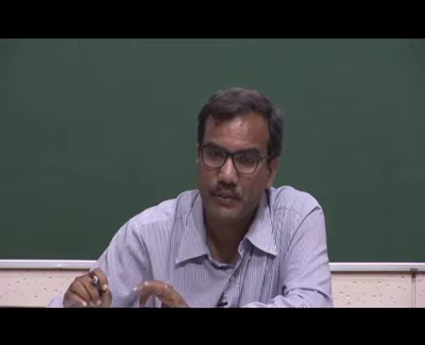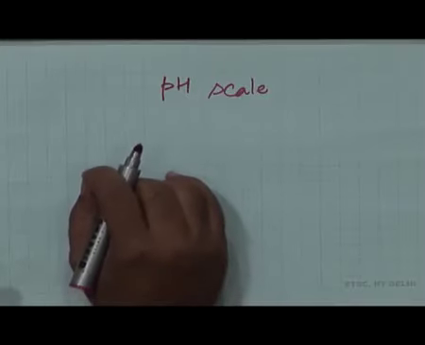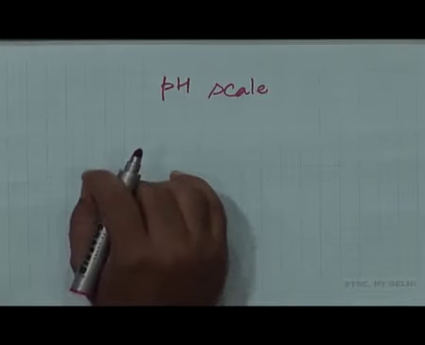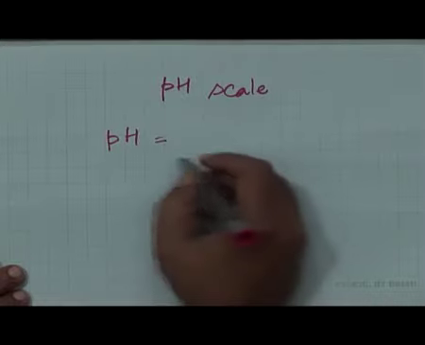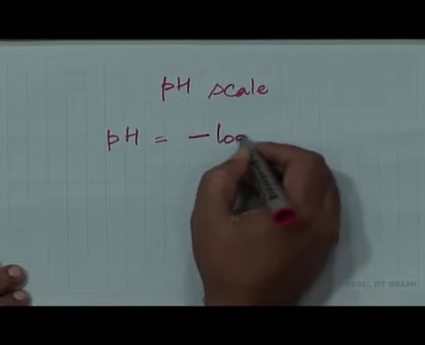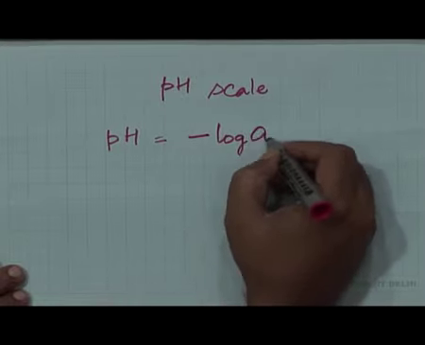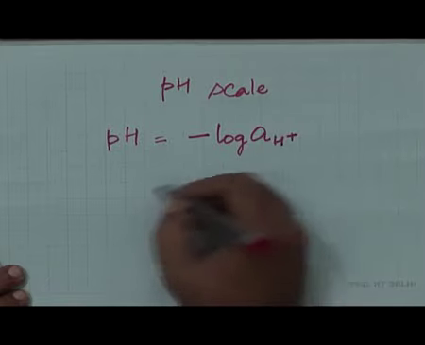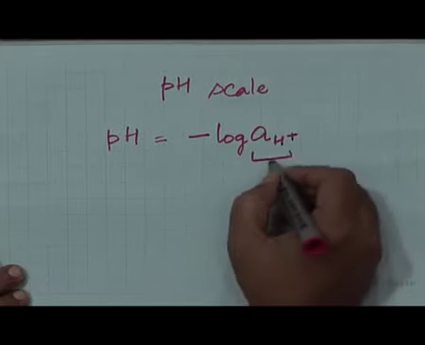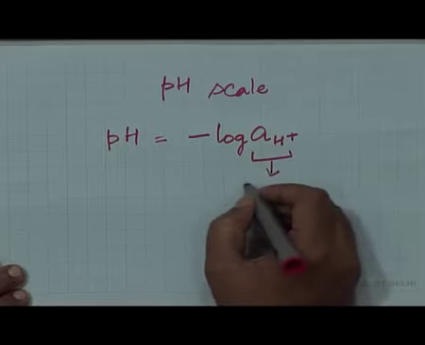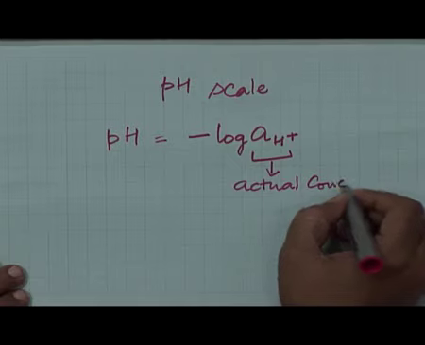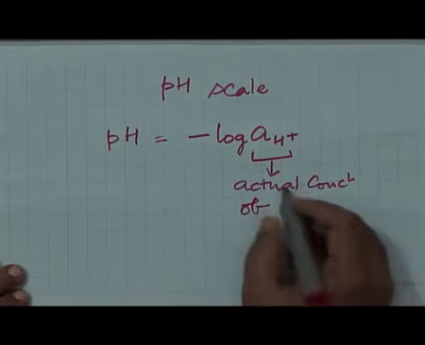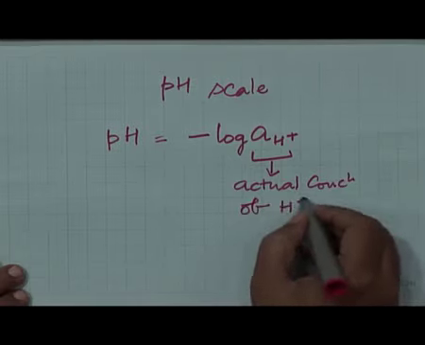The scale which we use to quantify acidity and basicity is called the pH scale, and pH is defined as minus log of the activity of H plus ion. Activity is your actual, real concentration of H plus ion.